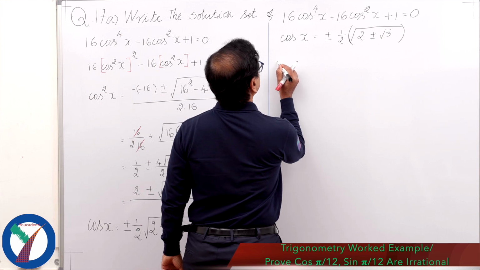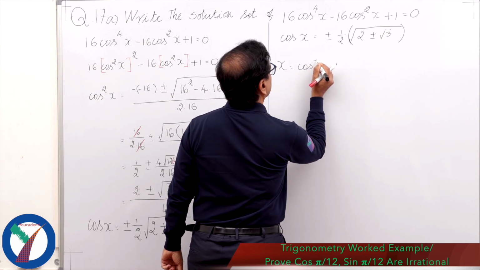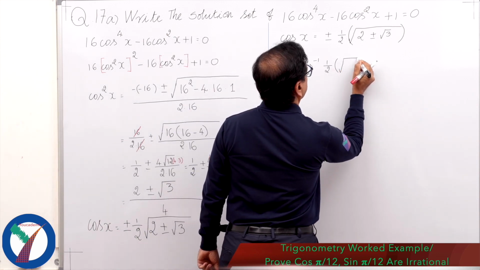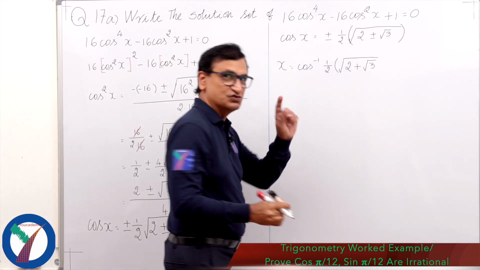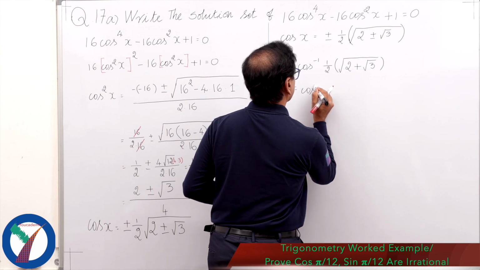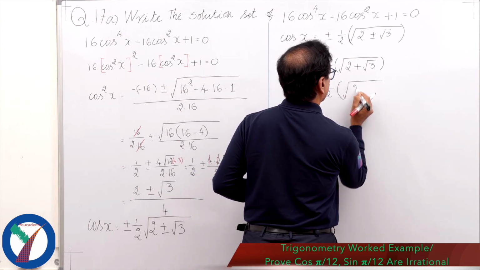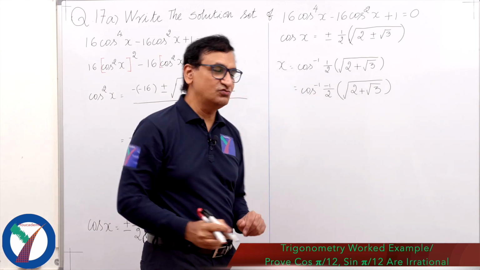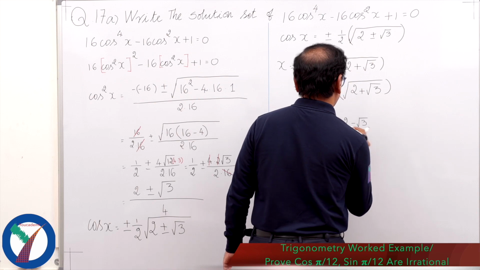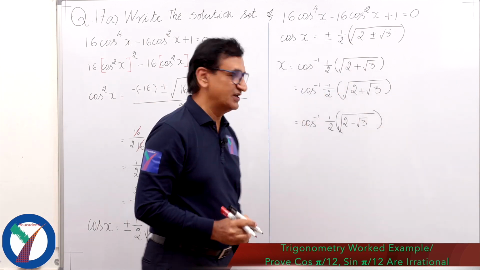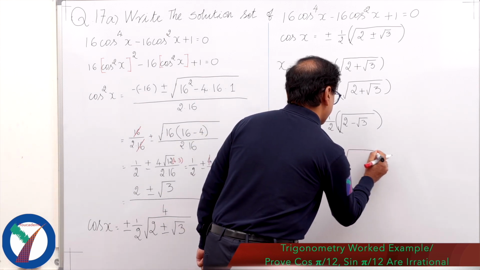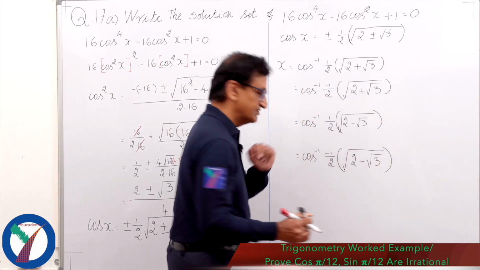Therefore, x equals cos inverse of, so this is one value, that also equals, this is the other value, this is the third value, this is the fourth value.